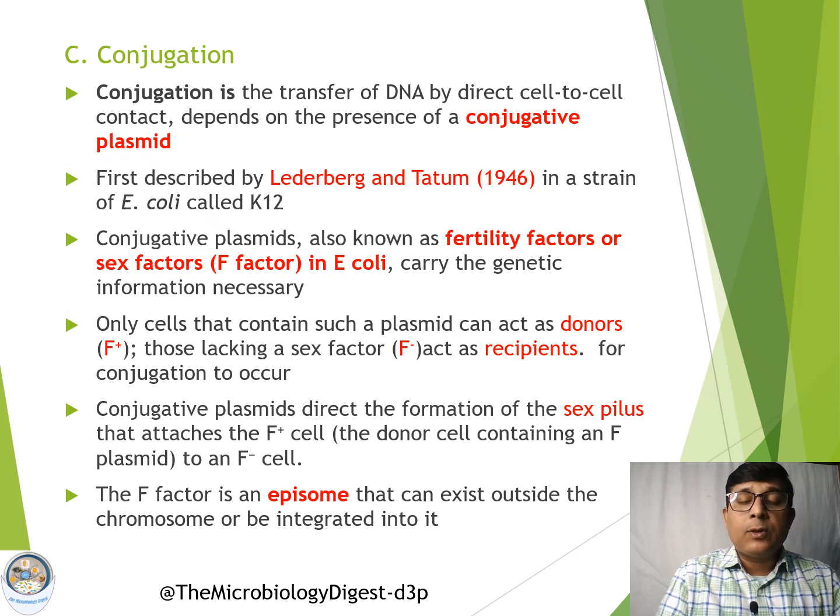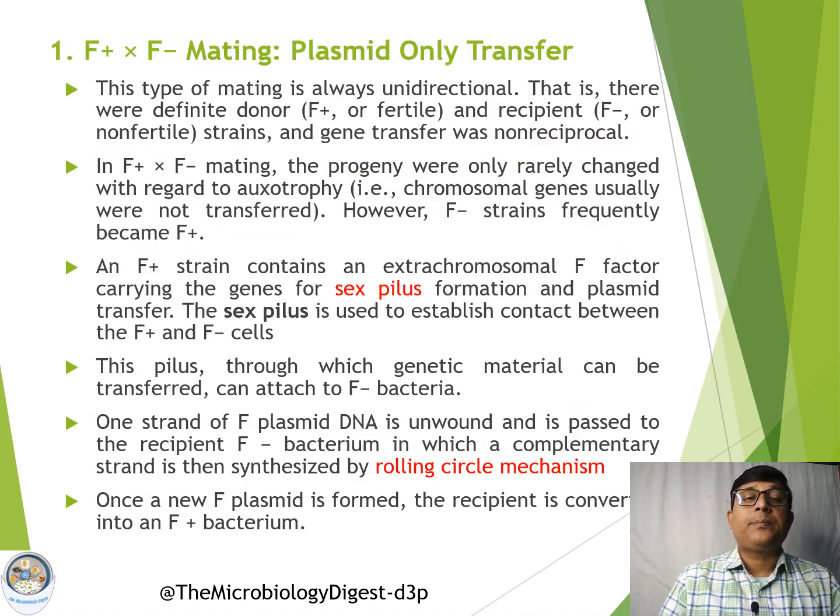These conjugative plasmids direct the formation of a sex pilus when two bacteria come close to each other, through which the exchange of genetic material takes place from donor bacterium to the recipient bacterium. This F factor is an episome and it exists outside the chromosome, or sometimes it may remain integrated.